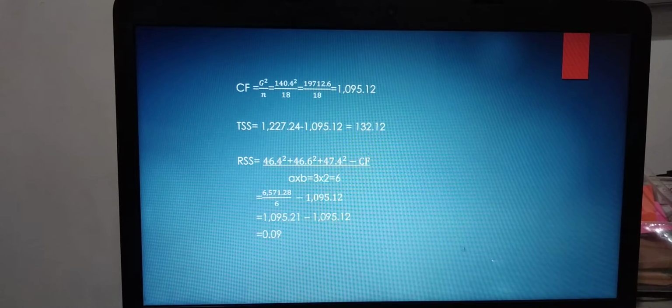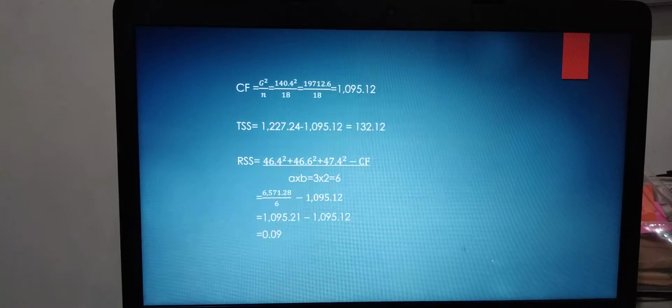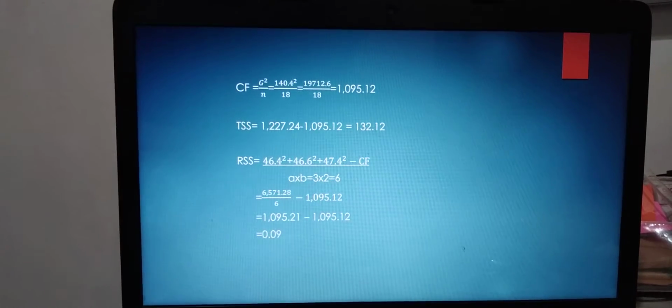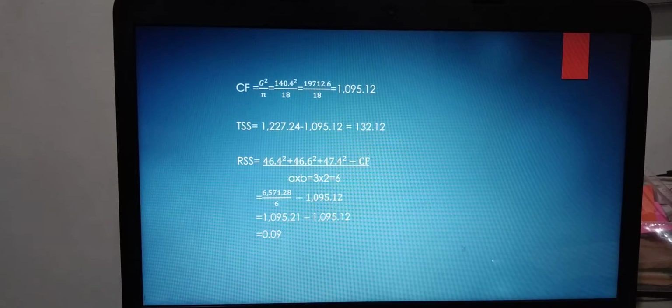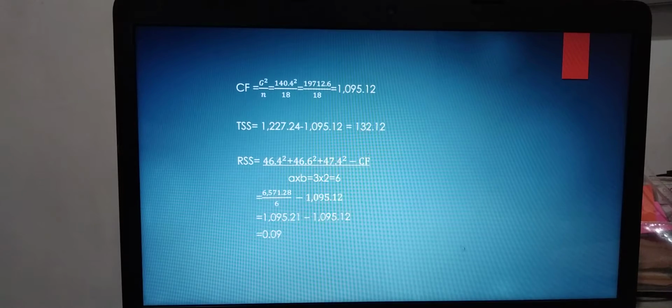Then we have 6,571.28 divided by 6 minus our CF, 1,095.12. Then 1,095.21 minus 1,095.12 is equal to 0.09.